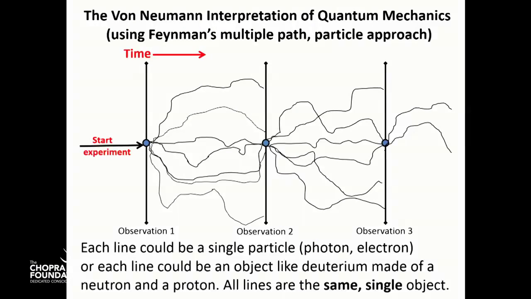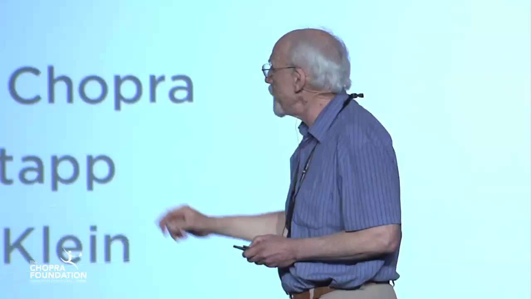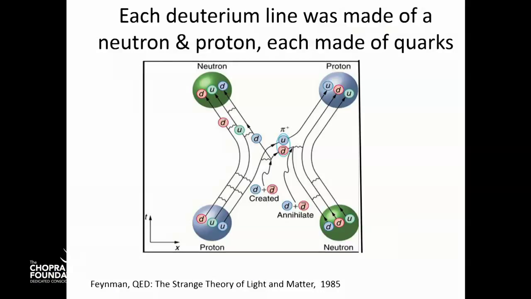Now, I've been saying that this is a particle, but each little line can either be a particle like a photon or an electron, or it could be a composite thing like deuterium, which is a nucleus, a proton and a neutron. So each of the lines could be a deuterium particle, a proton and a neutron with all these quarks going back and forth and interacting.